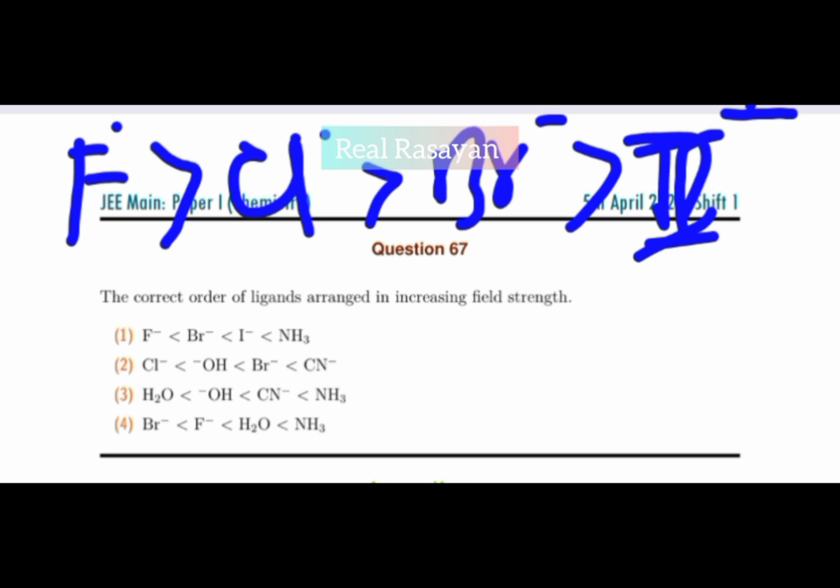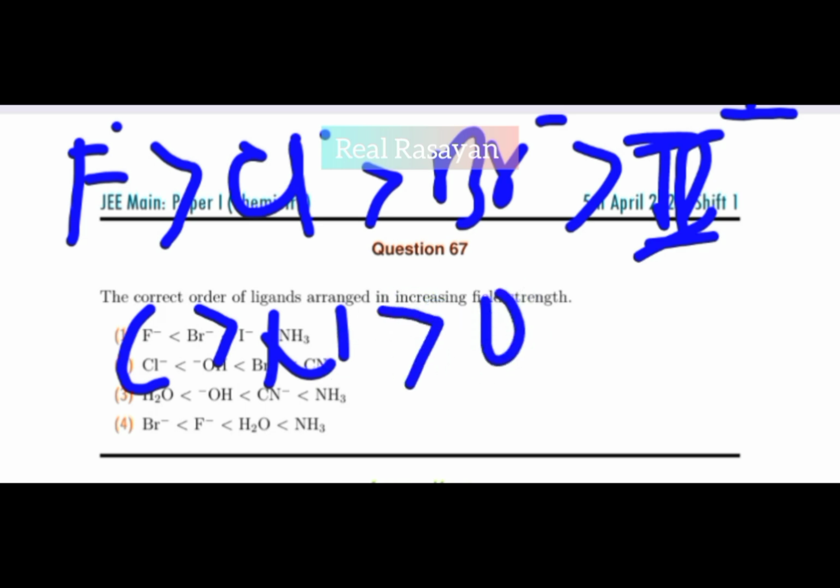And the second rule: the carbon donor ligands have greater field strength than nitrogen donor, which is greater than oxygen donor, and then halide ions.